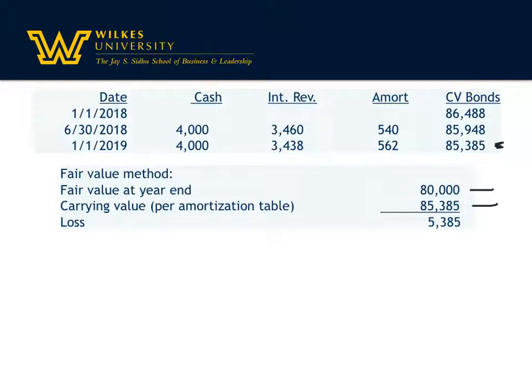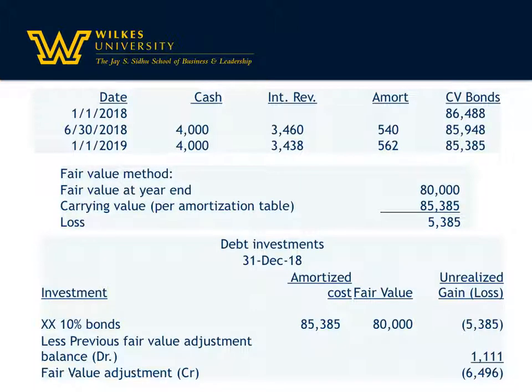You also need to take into account any prior adjustments that have been done to the fair value adjustment balance. We're doing this example for this year, but we could have one that's got some prior years in it. And so if we state this bond here with the cost of $85,385 and a fair value of $80,000, we've got our loss of $5,385.